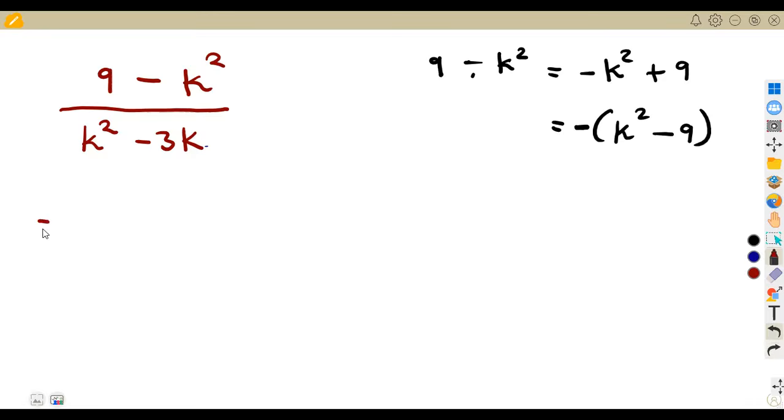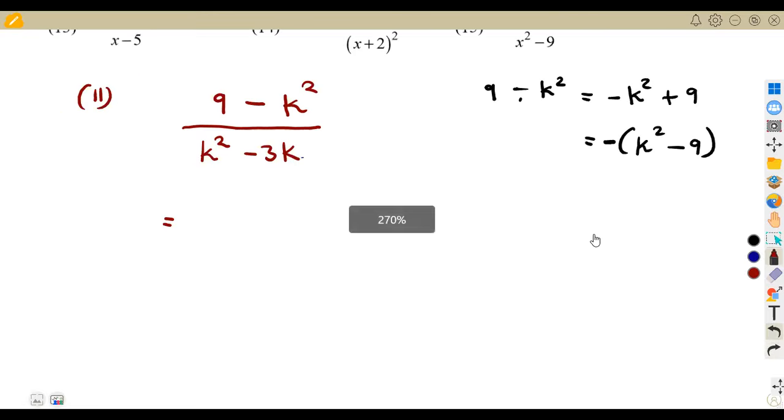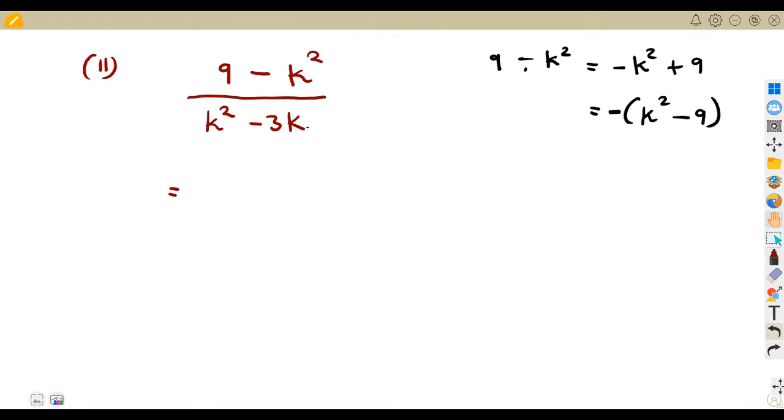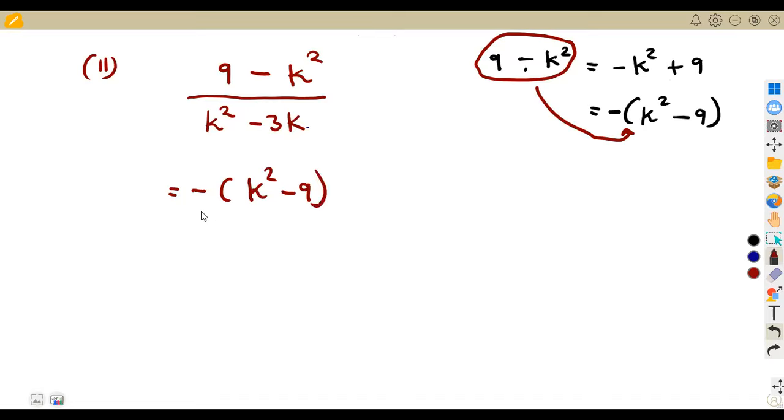We said all this part is equal to this, so I'm going to take this as it is, minus, into k squared minus 9, like this.